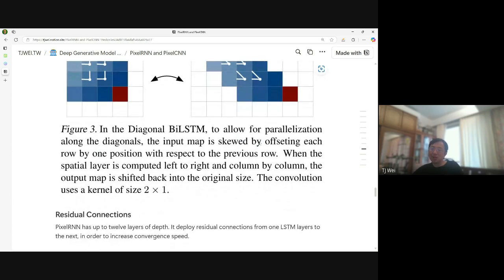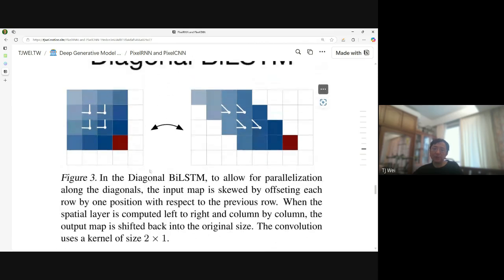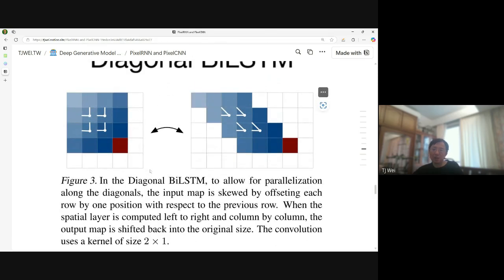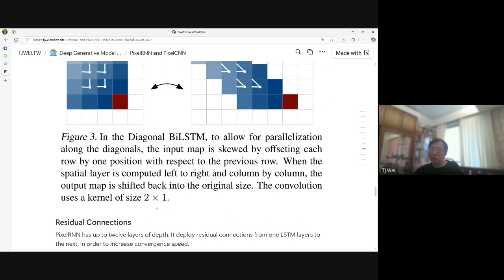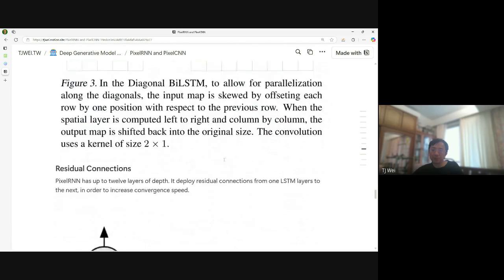So in fact, we can do the training on every pixel at once, in parallel. So from left to right, column by column, to do that, and using a convolution kernel size of 2 by 1 to do that.